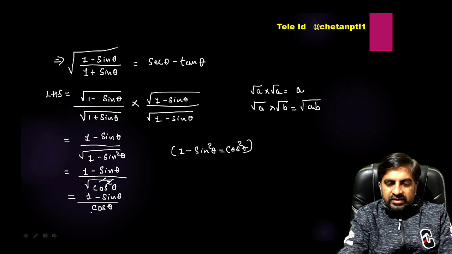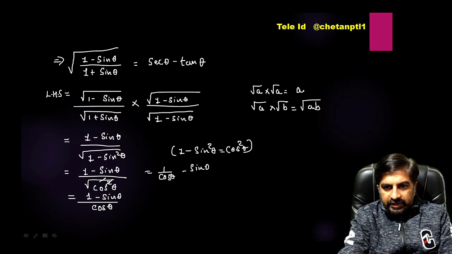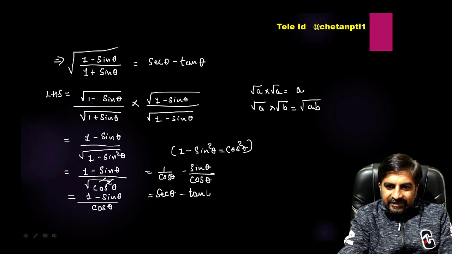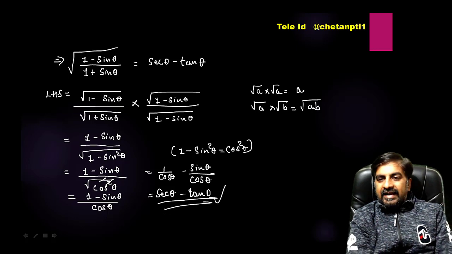I am going to distribute this cos theta to 1 and sine both. So 1 by cos theta minus sine theta by cos theta. Guys, again you can see 1 by cos is sec, and minus sine by cos, that is tan theta, and here we are easily getting our RHS, guys.